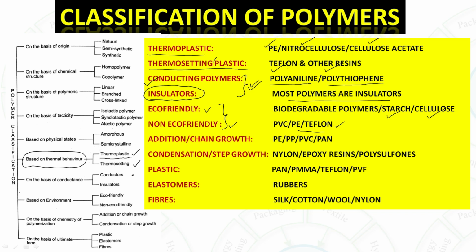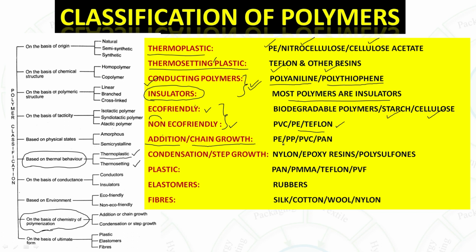And after that, based on the polymerization, this is something very, very important. Classification based on polymerization, and based on polymerization there are basically two kinds of polymers. First are addition polymers, also known as chain growth polymers.